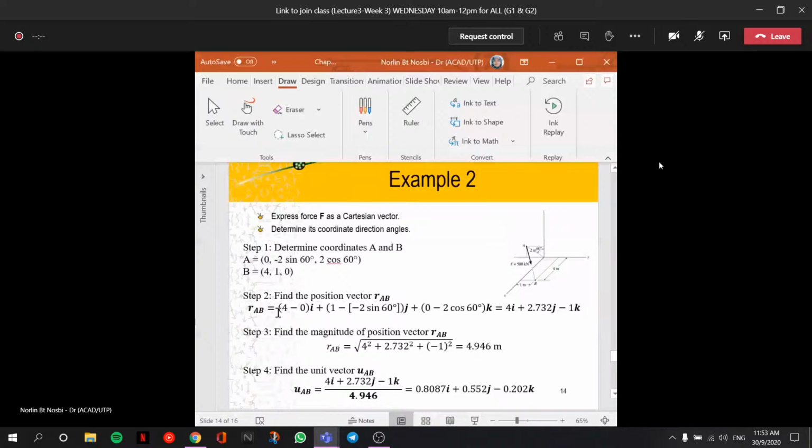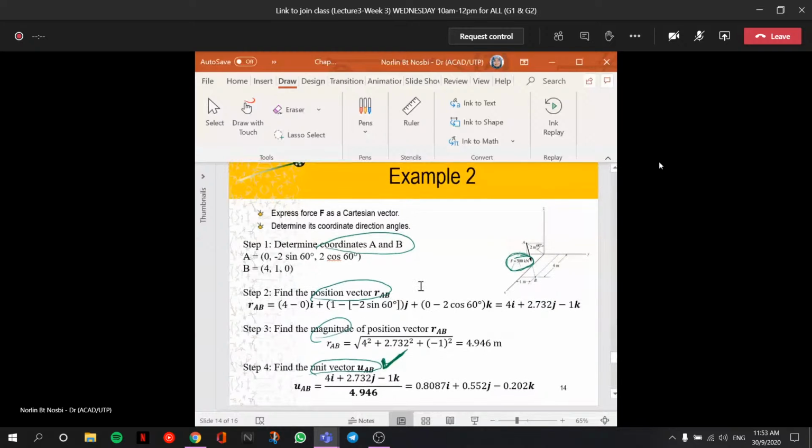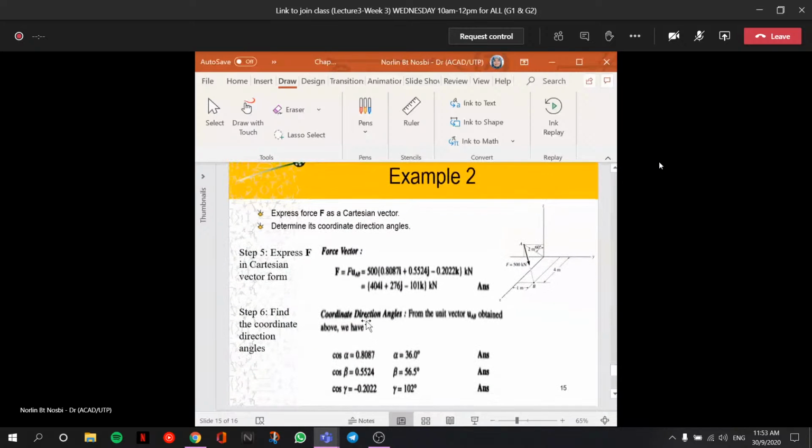Why do you need to find the unit vector? Because there's a value f given. If there's no f, you don't need to find the unit vector. But there is a value f here. That's why from the unit vector, you need to times with 500, the u value that you find just now.